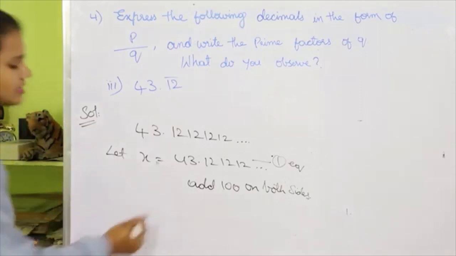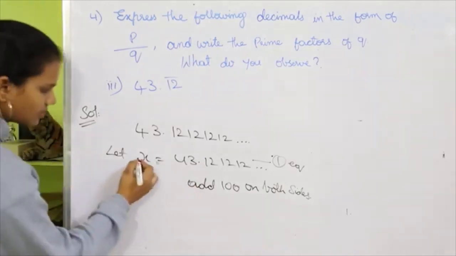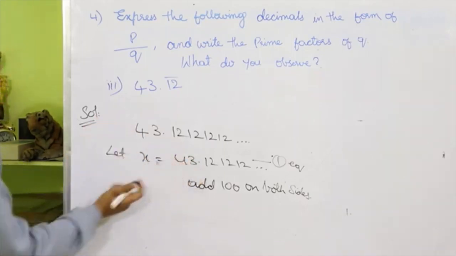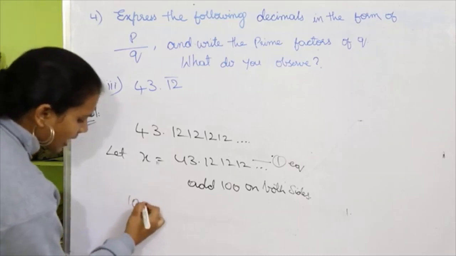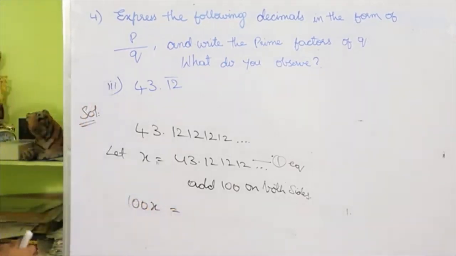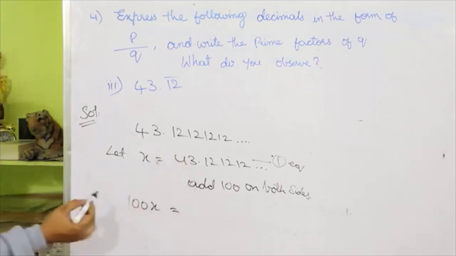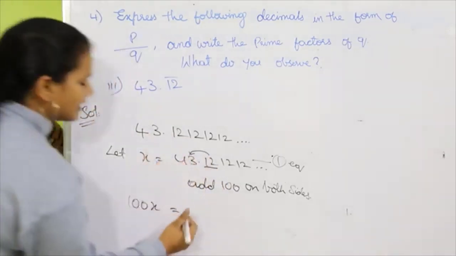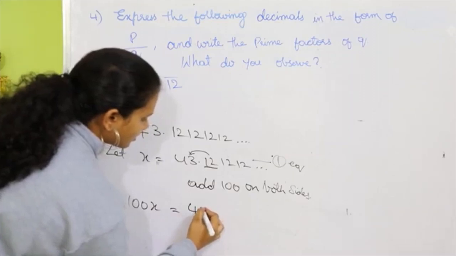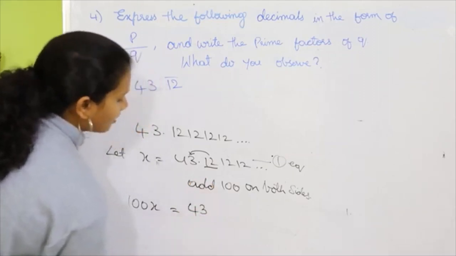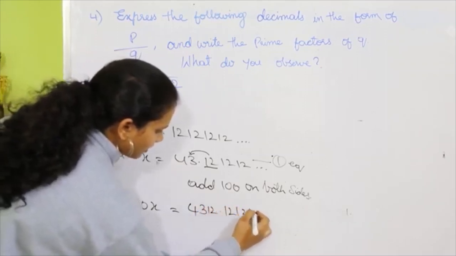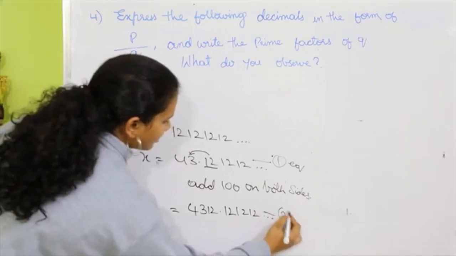Now the x side becomes 100x, right? 100x equal to 43, and when multiplied by 100, the two digits 1 and 2 jump over here. This becomes 4312.1212, it goes on.